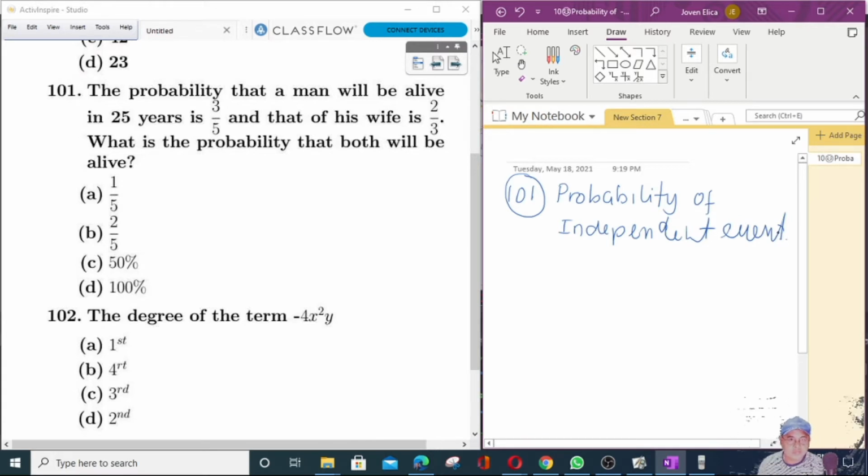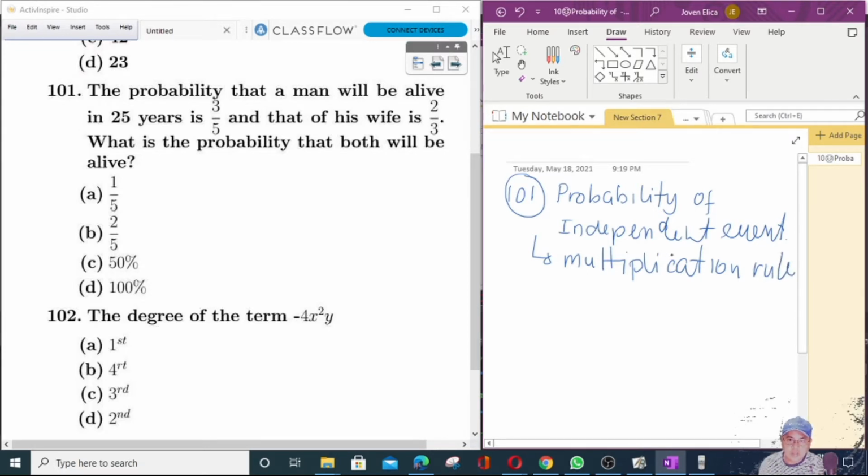I'm going to discuss the details of probability in my lecture series. For this time, the number one clue here is that this is an independent event, and if we have an independent event, we will use the multiplication rule.